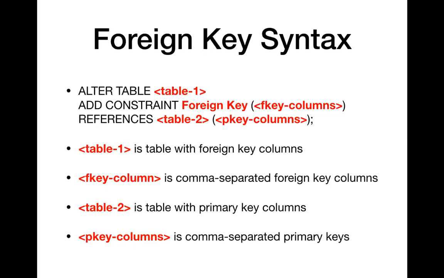And then we reference another table and the corresponding columns in that other table. Depending on the database system, sometimes there are additional restrictions about what type of foreign key constraints you can define. And the syntax might vary between different database systems a little bit, but this is the command that should work in the Postgres database system.